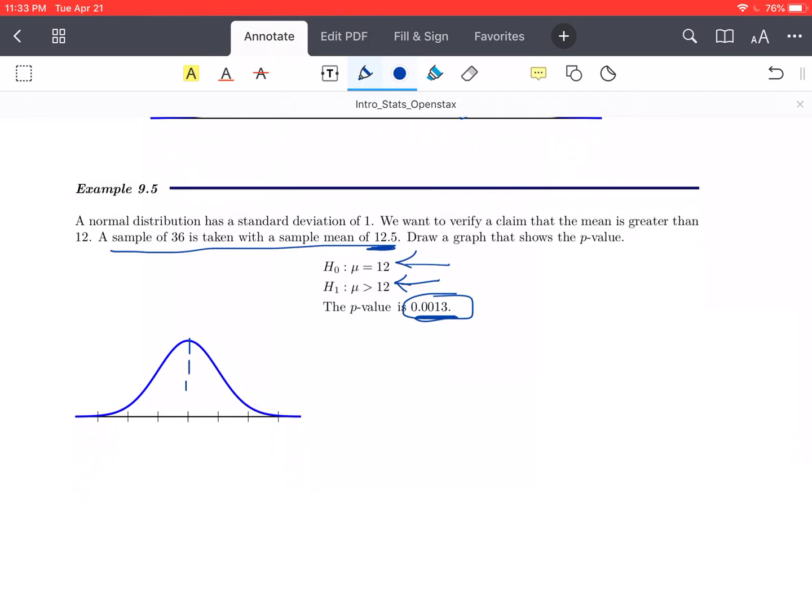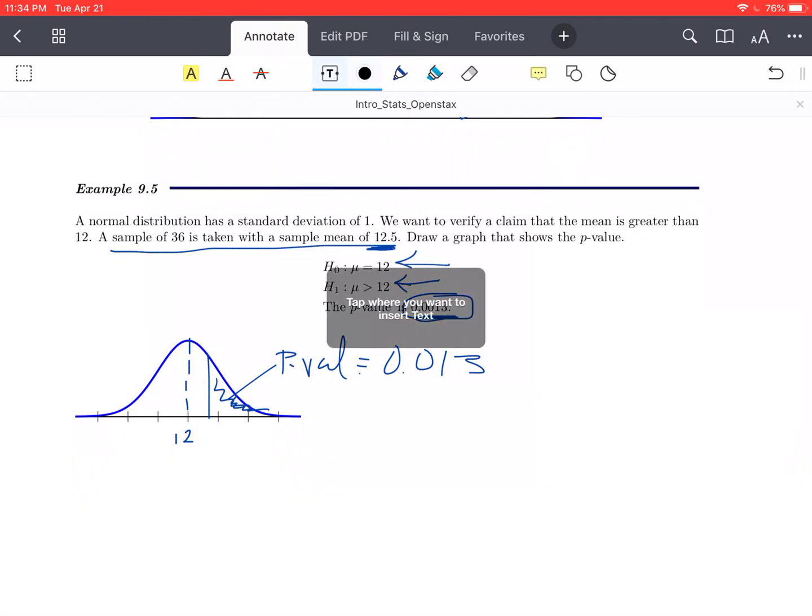So if we have our mean of 12, then our value of 12.5 is going to be somewhere up here, and our p-value is probably a bit smaller than that, but you get the idea. This is our p-value.